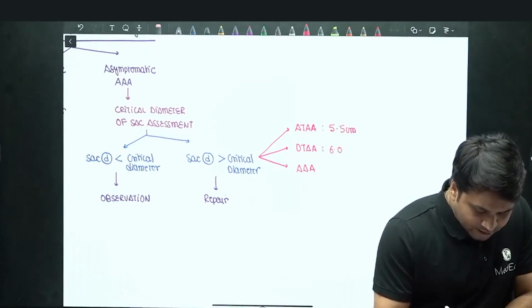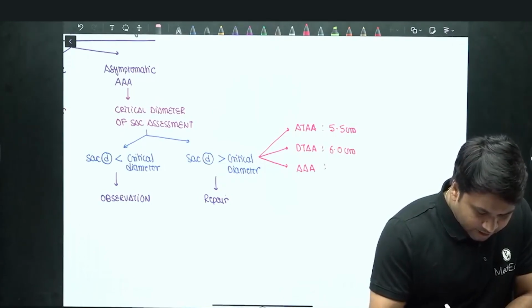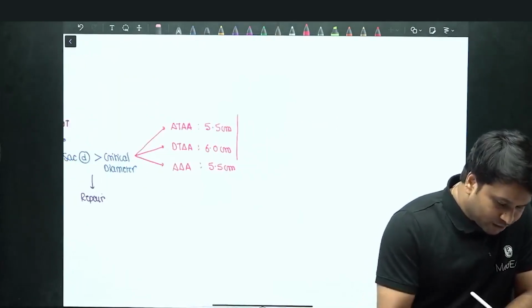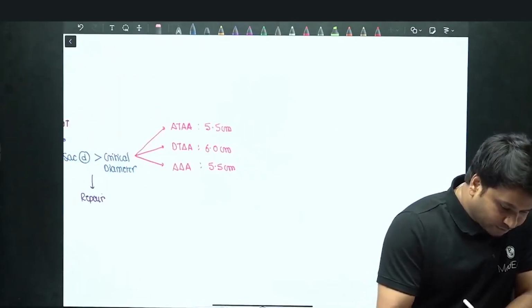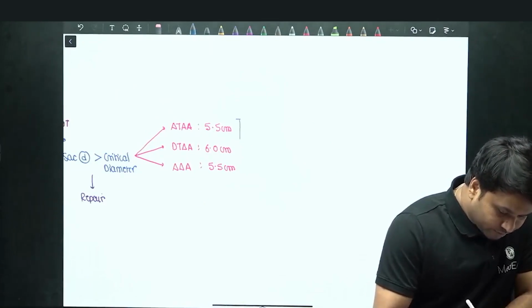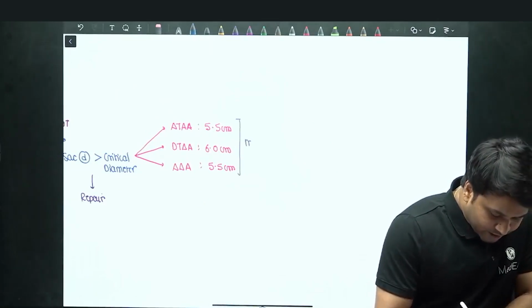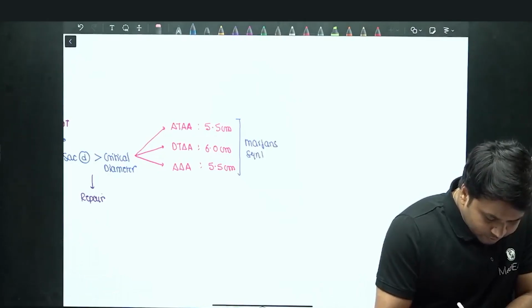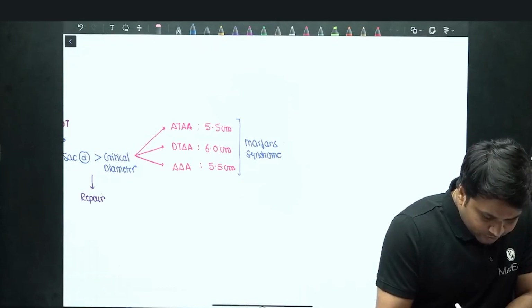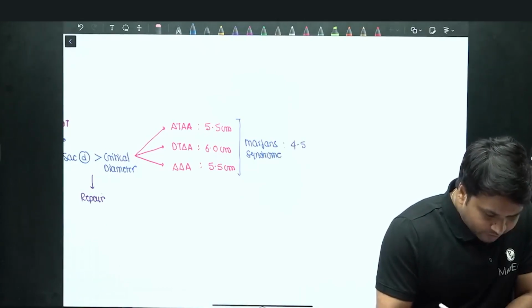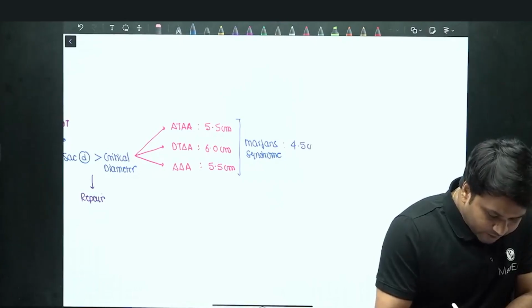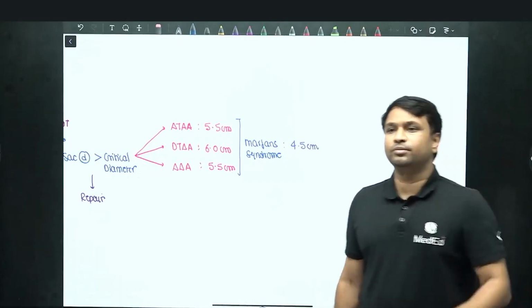If a patient has Marfan syndrome, it is 4.5 centimeters that will be considered the critical diameter.